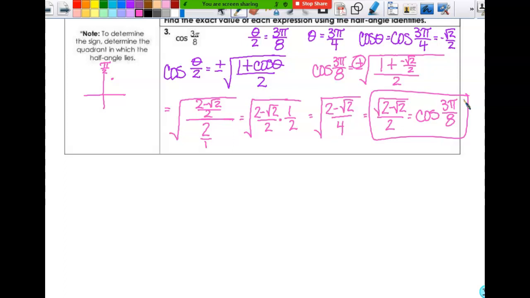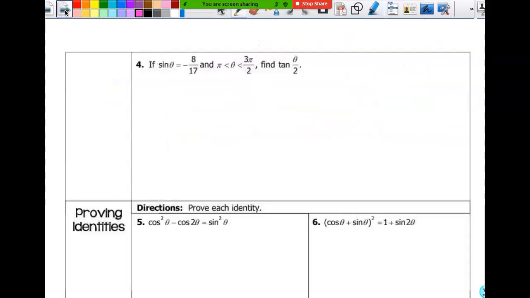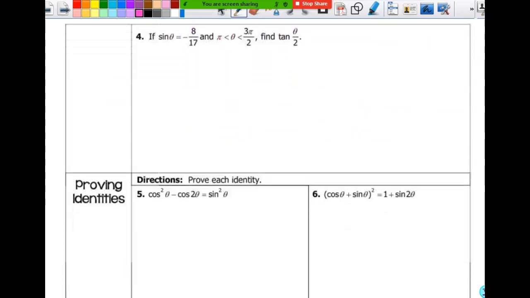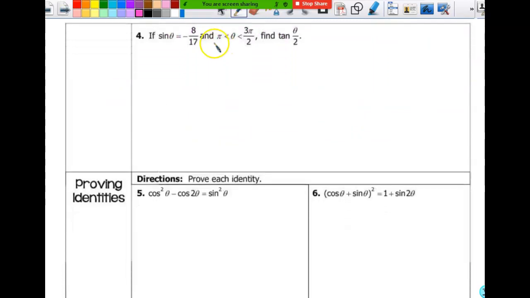All right, let's look at another half angle. They give us sine. They tell us that theta is between pi and 3 pi halves. And I want to find tangent of the half angle.